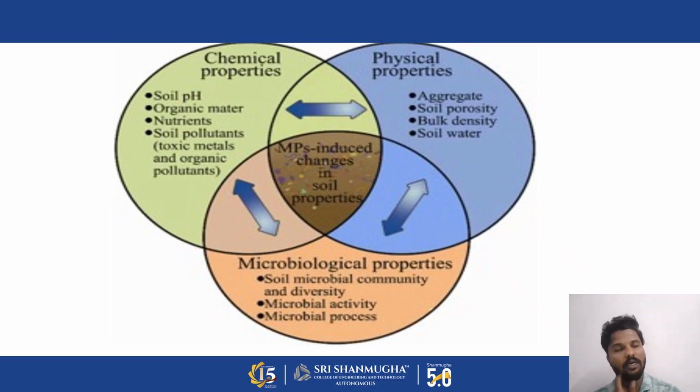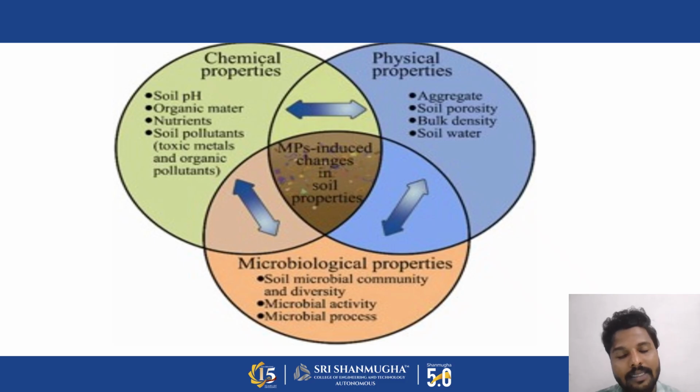Then the fourth one is the intersection and external influence. So these three circles intersect and are influenced by external factors. The center of the Venn diagram is where all three circles overlap, and it highlights the common point of influence.